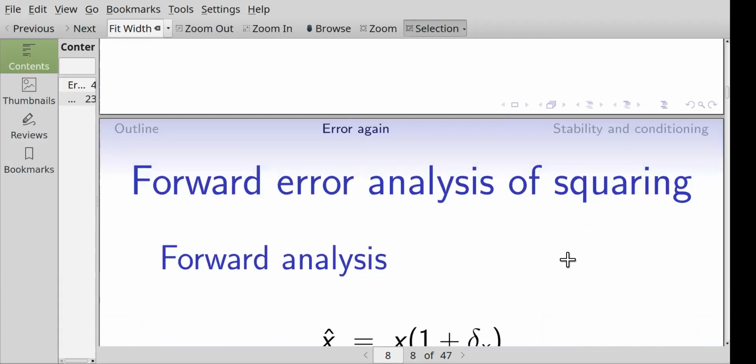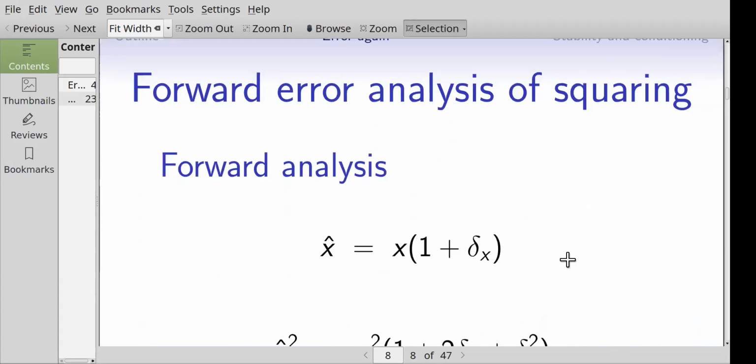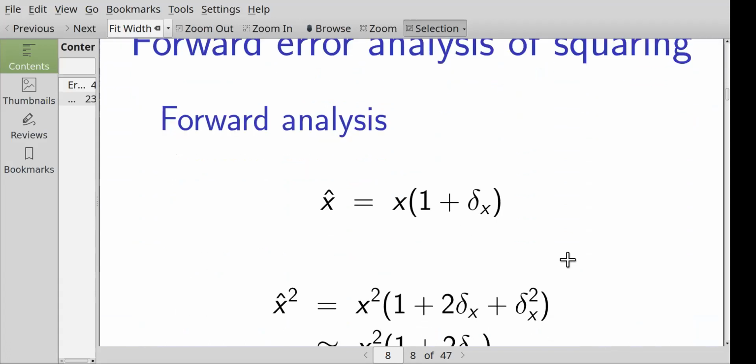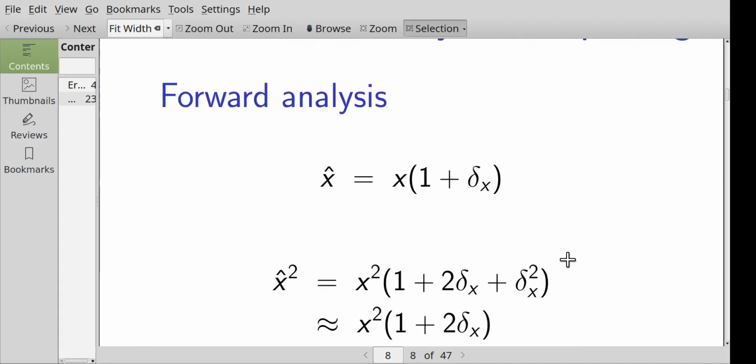Okay, so for example, this is what one analysis looks like for squaring. I've got x hat equals x times 1 plus the relative error on x. Okay, and then if I square that, I get x squared times 1 plus twice delta x plus delta x squared, but we don't really worry about the squared errors in this course.